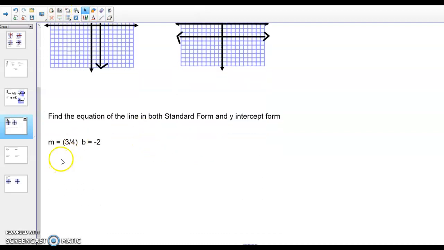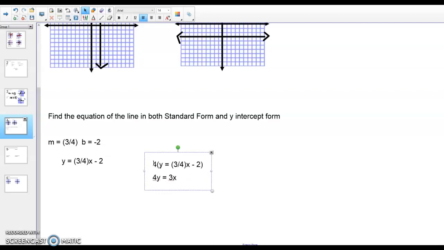Finding the equation of a line in slope-intercept form, y equals, in this case, 3/4 x minus 2. That's one of your answers. That's the y-intercept answer. Now I take that y-intercept answer and I multiply everything by the denominator. So we end up with 4y equals 3x minus 8.